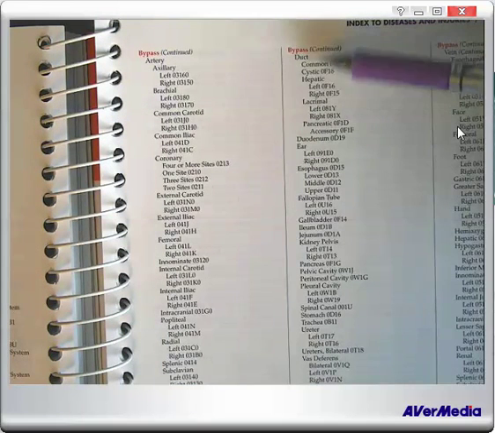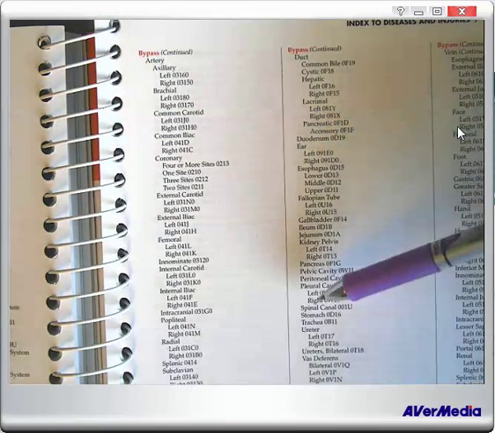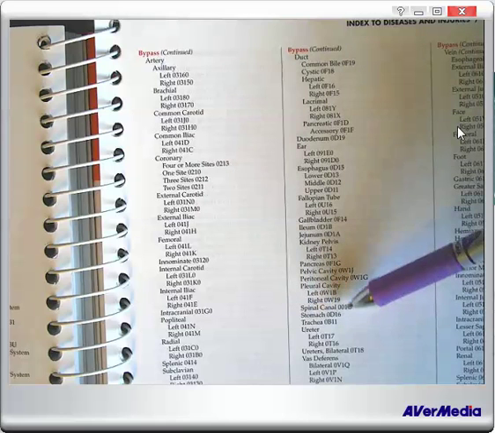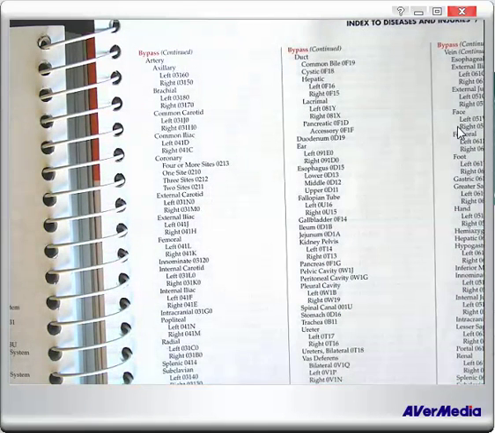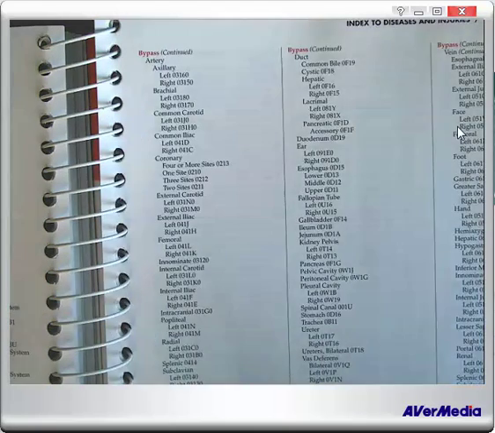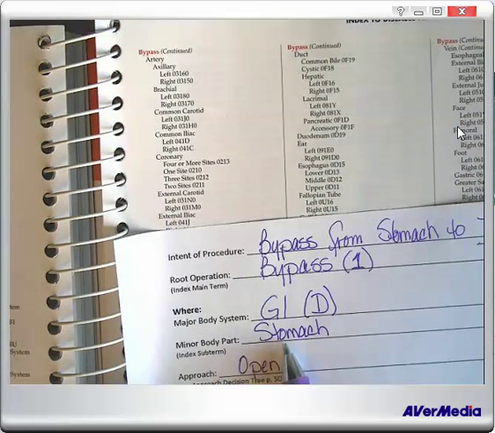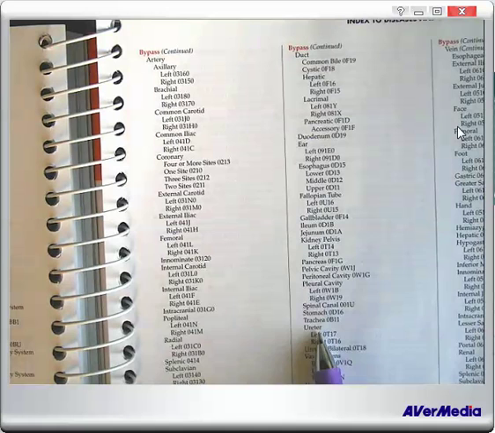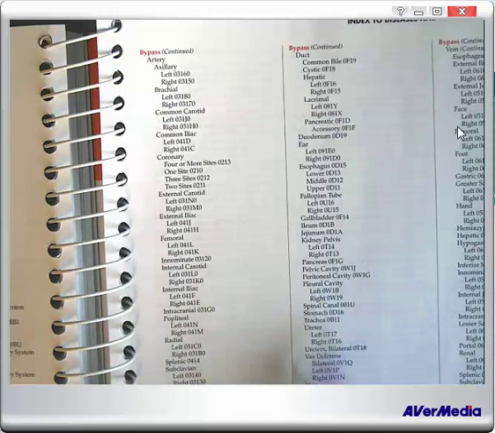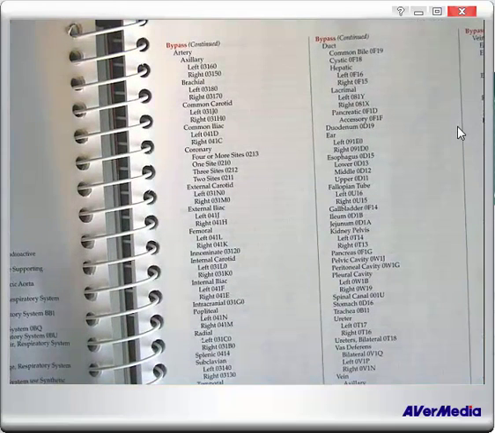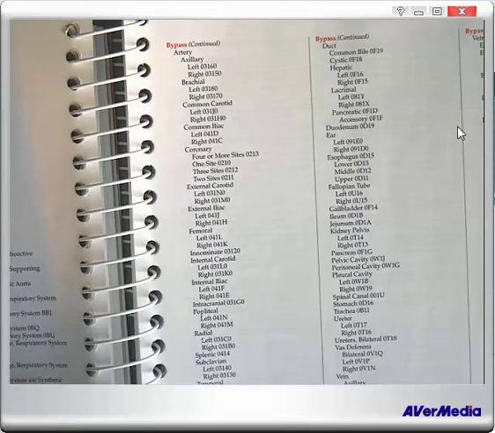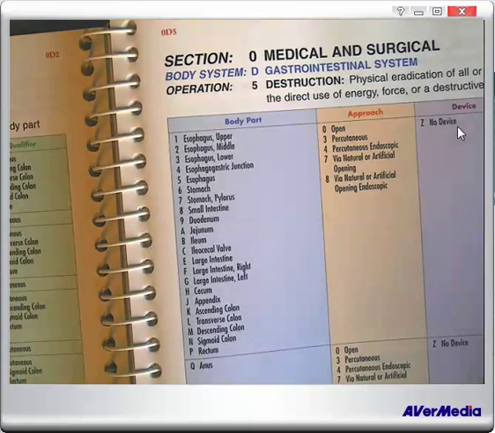What are we doing here? Let's see. Well, we are bypassing the stomach, aren't we? Is that what we've got going on here? We're bypassing our body part of stomach. So let's check that and see what we get. Let's see if this 0D16 leads us to the stomach. So let's go to 0D16.